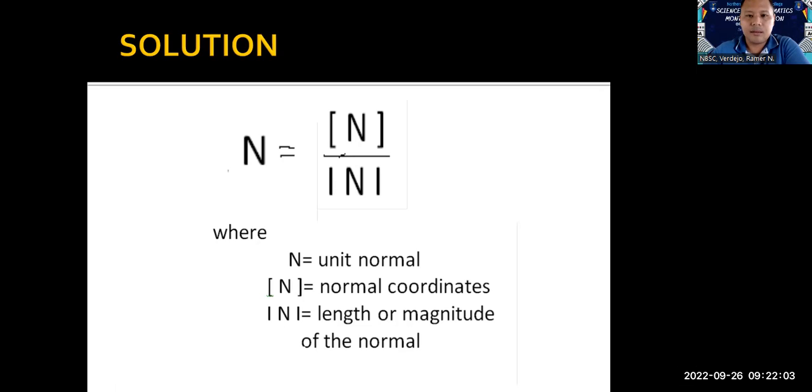And in the denominator you can see the length or magnitude of the normal. It involves the square root of the sum of the squares of the coordinates from the one presented in the numerator. These are the coordinates used in computing the length or magnitude of the normal.